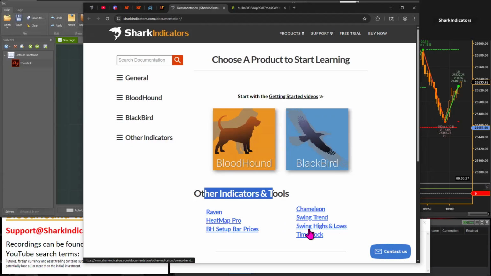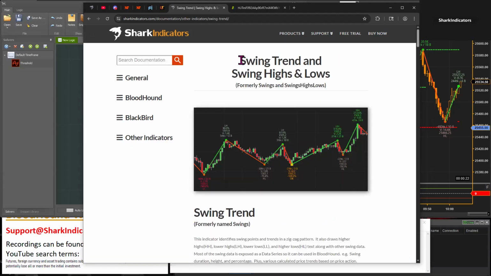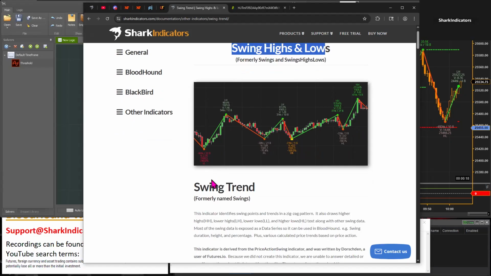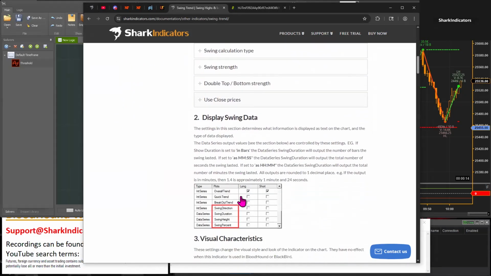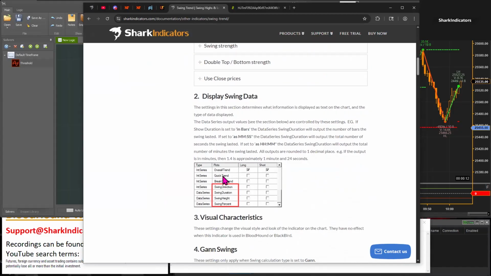So let's go to the swing trend indicator right there. This page actually has the swing trend and the swing highs and lows. Swing trend is first, and if we scroll down, here's display swing data information.